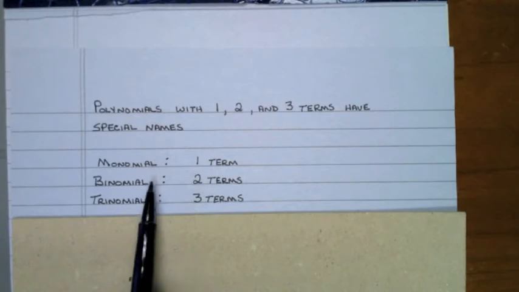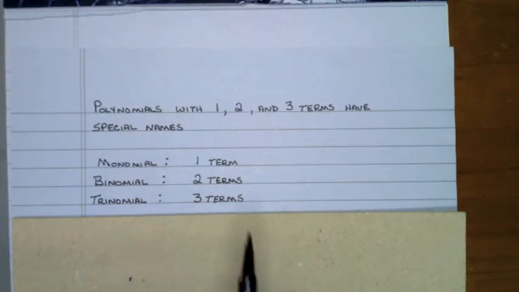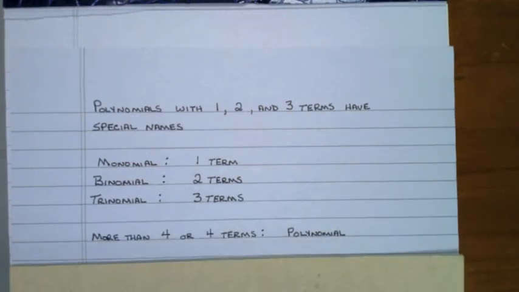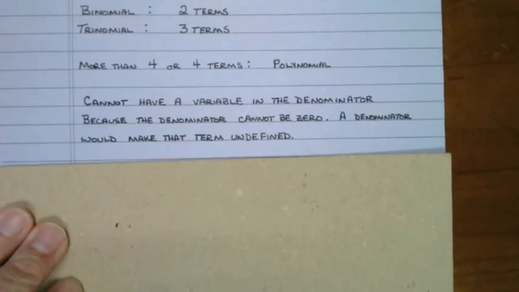We only have names for these 3 because we're talking about 3 dimensions. We only have 3 dimensions, and so we only have names for these first 3. This is like a first dimension, a second dimension, and a third dimension. If it has 4 or more terms, we're simply going to call it a polynomial because poly means many.